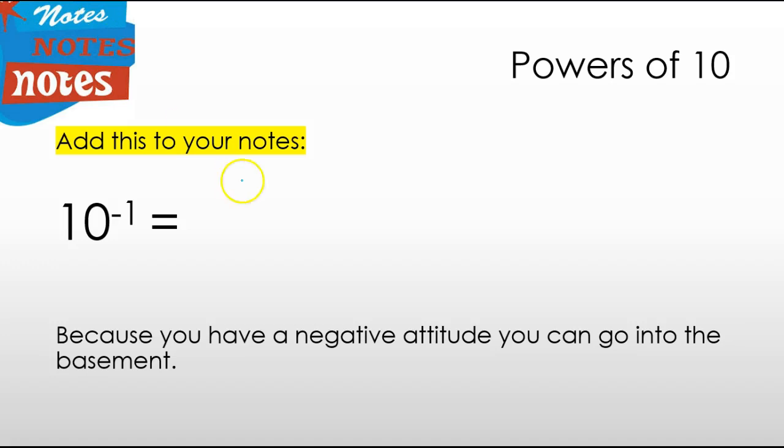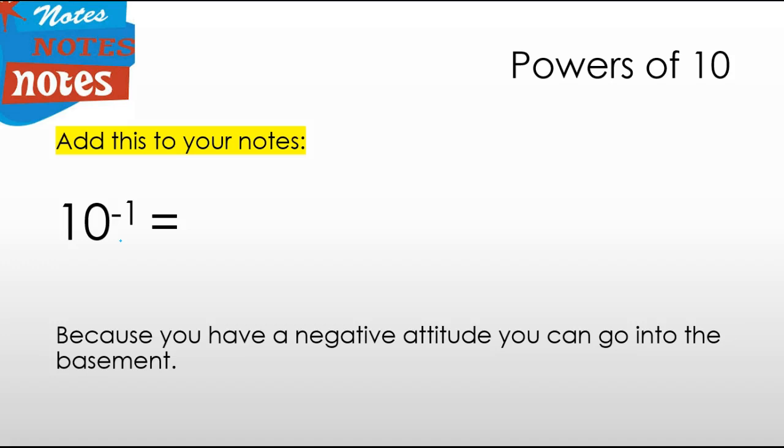All right. You need to make sure that you're adding this to your notes. This is so important. If I have a negative exponent, this negative exponent again means that I have a tiny number. It's a fraction. So I was recently told this little trick to help you remember it.